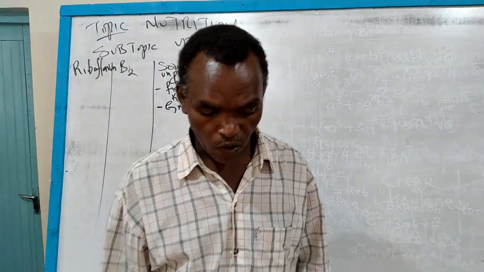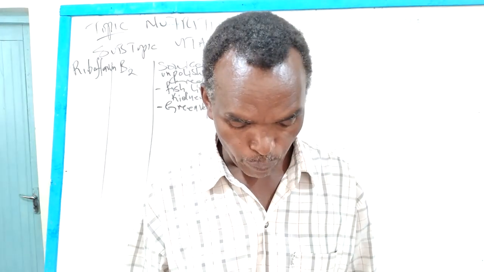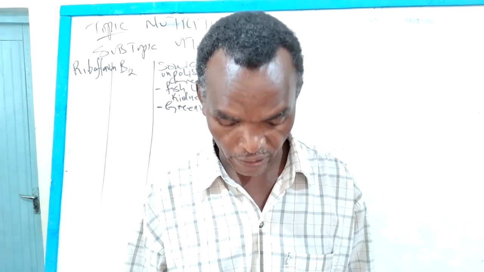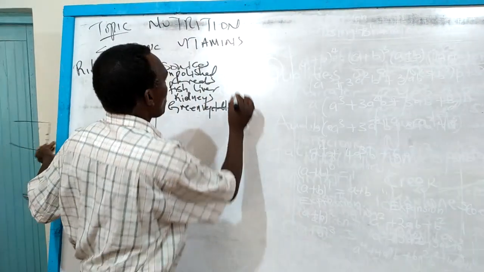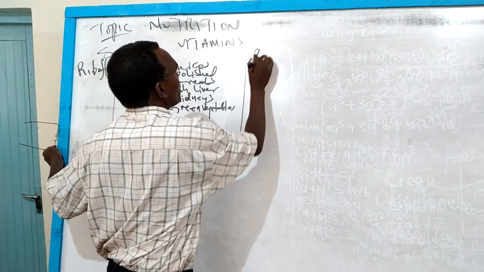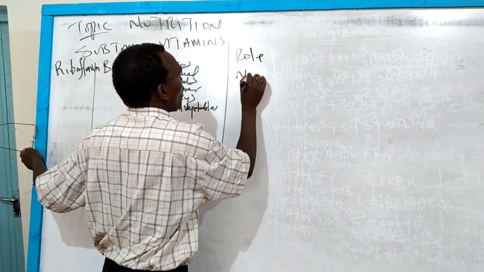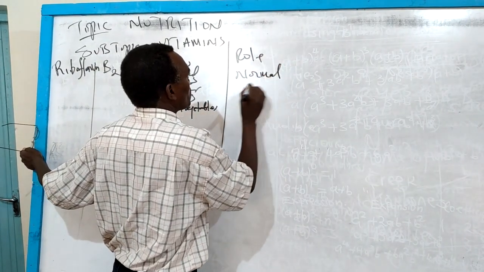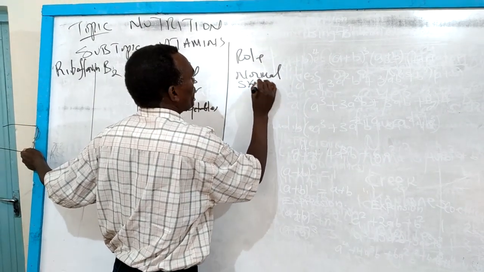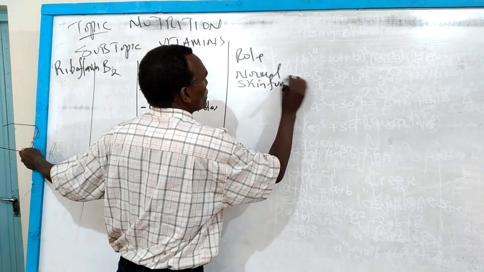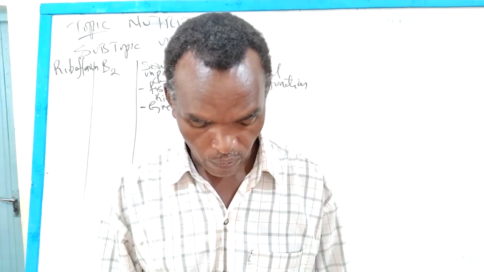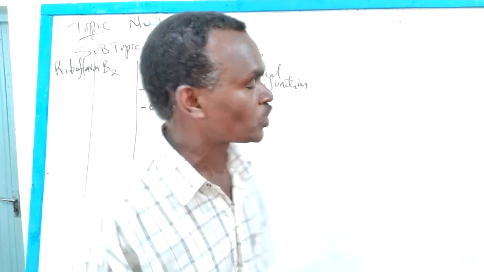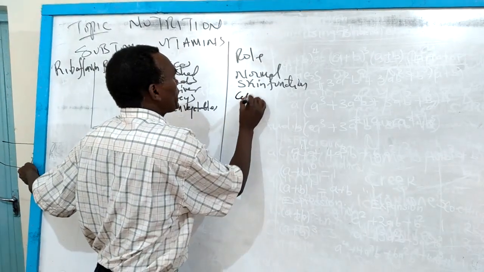Now, what is the role of vitamin B2 or riboflavin? We have the normal skin function. It is one of the roles of vitamin B2, riboflavin, and it's also needed for cell respiration.